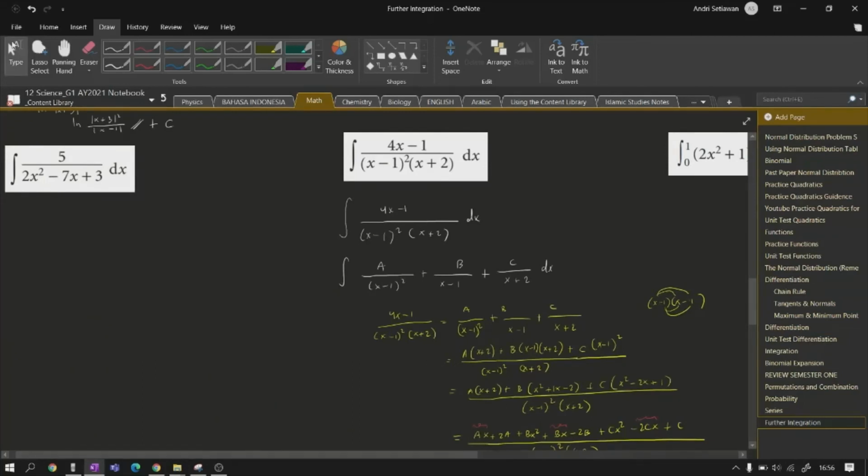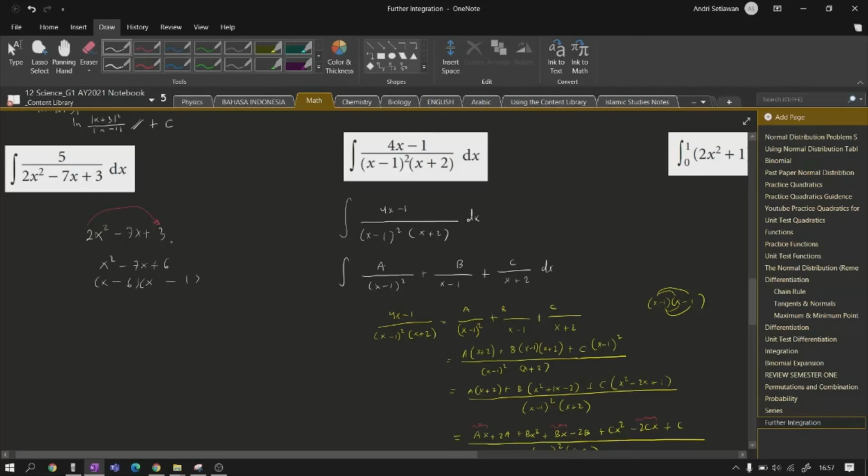I will give you previous information to factorize this quadratic equation, 2x squared minus 7x plus 3. You can use this technique: multiply the coefficient of x squared by the constant, which is 6. The factors are 6 and 1, both negative.